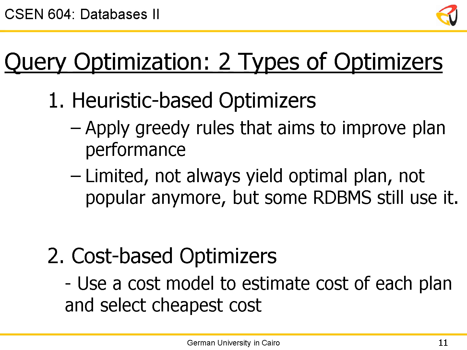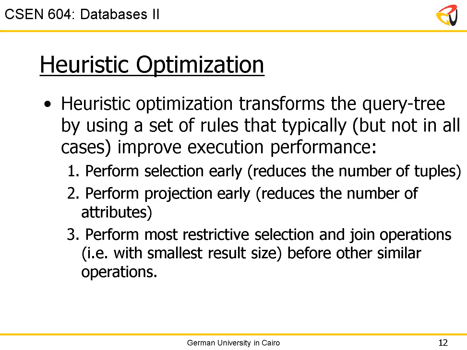The really advanced database engines like Oracle and PostgreSQL enable you to do some level of manipulation on how the optimizer works. Because as we will see in heuristic-based optimizers, some decisions are made that are not necessarily correct, or at least they're not really taking into account the different aspects that you need to consider when you make the optimization. So let's start with heuristic-based optimizations.